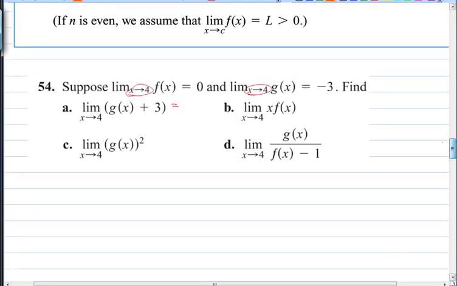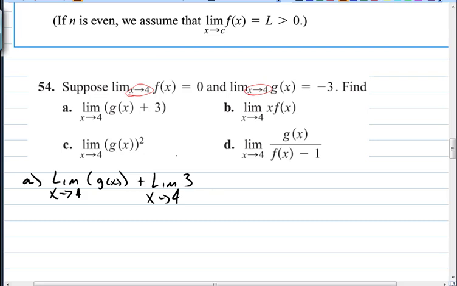Let me move this down. So on A we have the limit as x approaches 4 of g of x plus the limit as x approaches 4 of a constant 3.